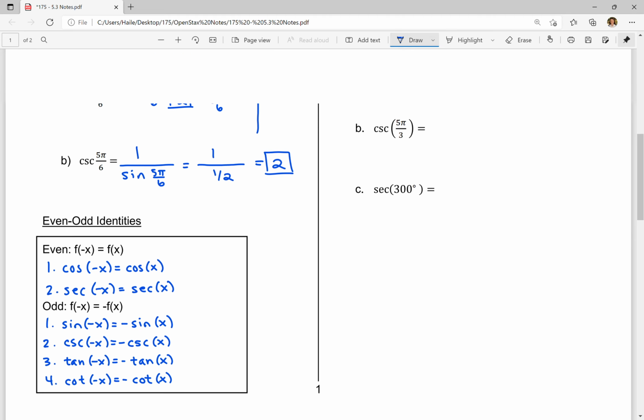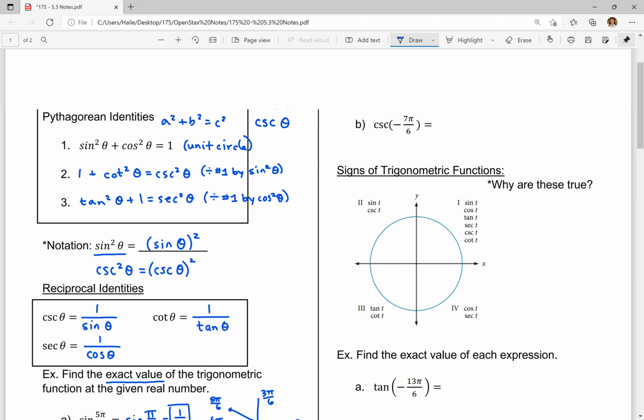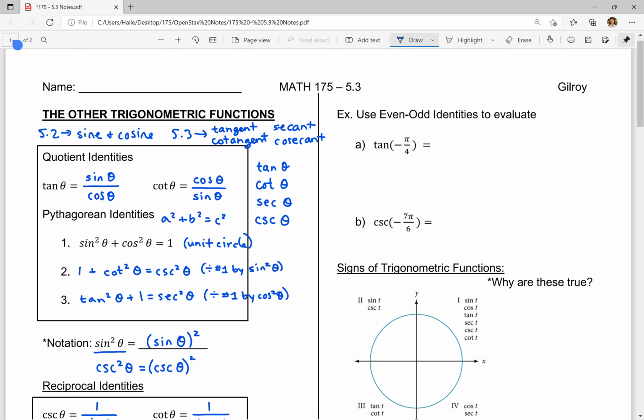So now we're going to practice using a couple of these to evaluate some more expressions. So our first example is the tangent of negative pi over 4. So the first thing we can do here is we know that tangent is an odd function. So since we plugged in negative pi over 4, we can take that negative sign and bring it out to the front.